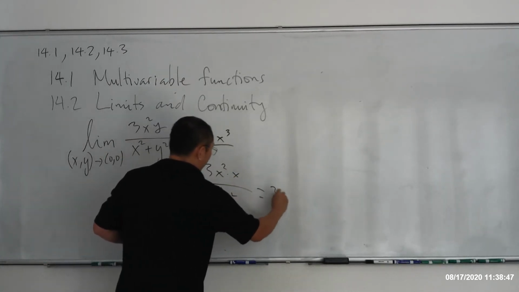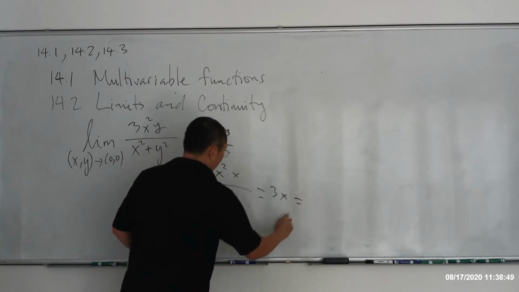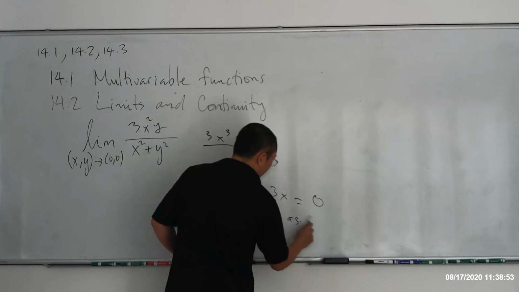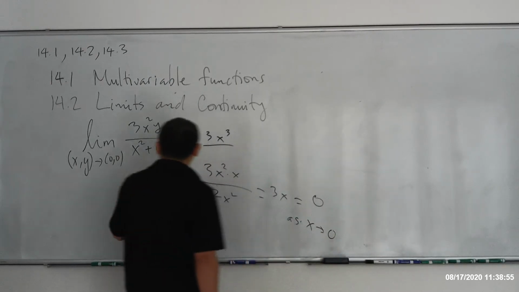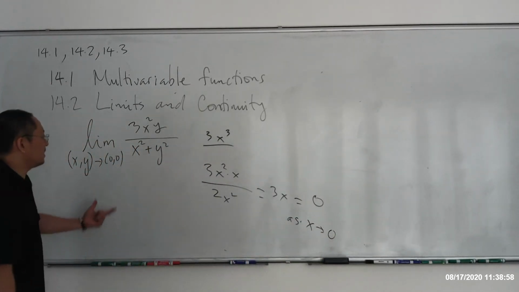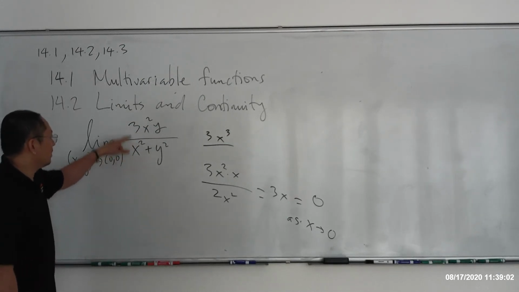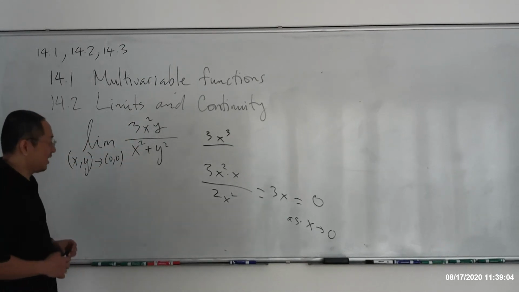This is 3x over 2, and it is equal to 0 as x approaches 0. So you test a couple of paths, and it seems to agree that whenever you choose a curve or a line approaching 0, 0, that thing really goes to 0.